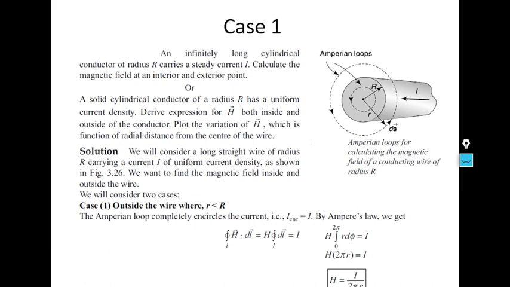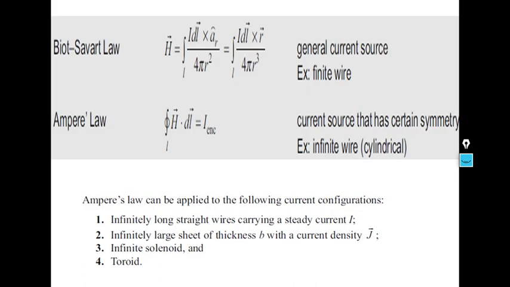So you can apply Ampere's law. This is Biot-Savart's law, this is Ampere's law. You can apply Biot-Savart's law for the finite wire case, and infinite wires. But if the current source has a certain symmetry, a symmetrical distribution, then we can apply Ampere's law.